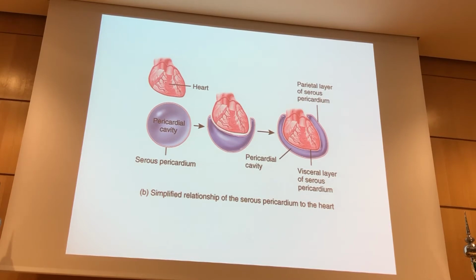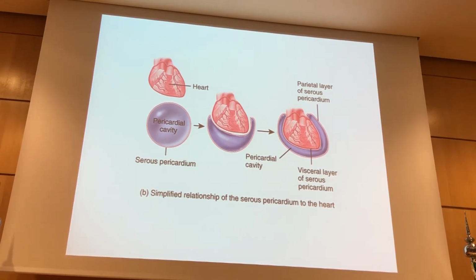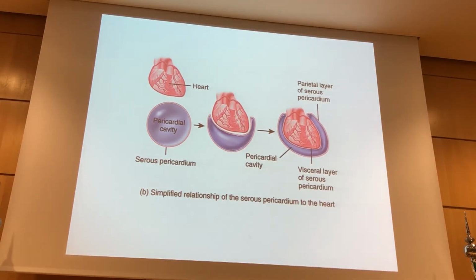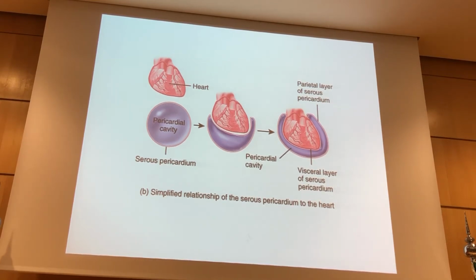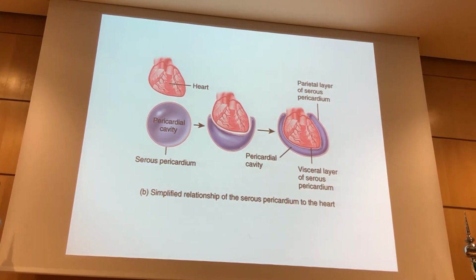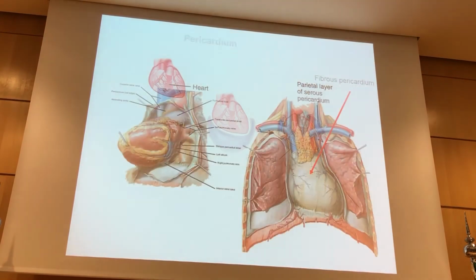That pericardial cavity is filled with serous fluid, a few milliliters of pericardial fluid. If you have too much fluid, that's going to prevent the heart from pumping. That's called cardiac tamponade. It's an emergency. So they have to go with a needle and remove that fluid.